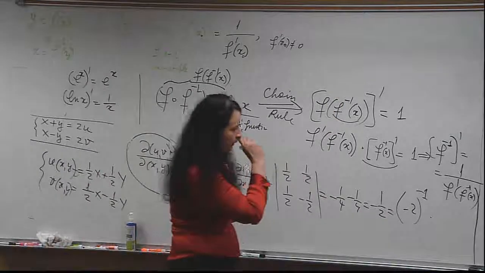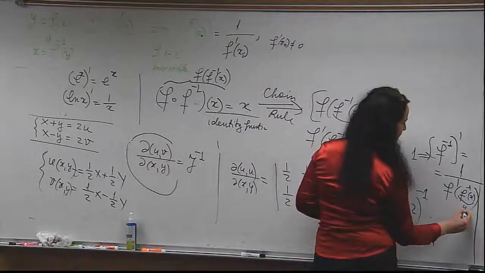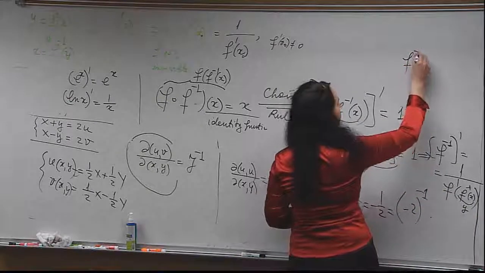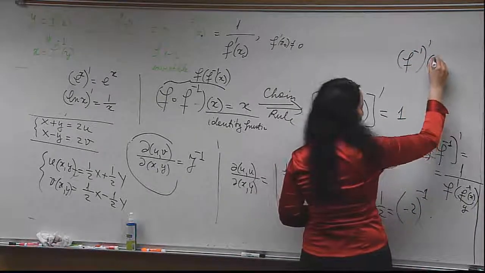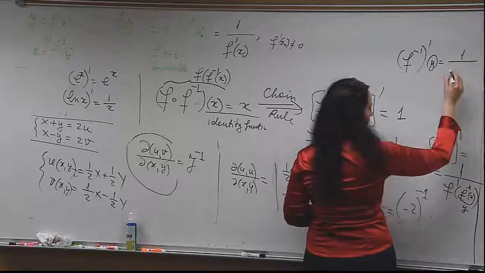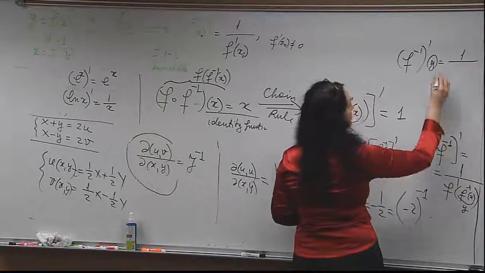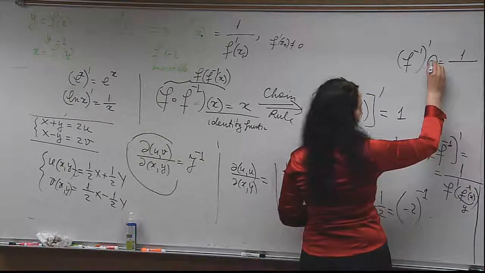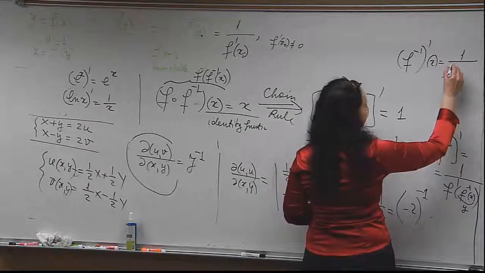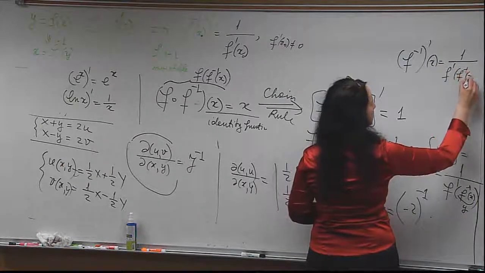So if you think of this being the y, you have f inverse prime at y equals 1 over, well, yeah, if you put it at x, it's f prime of f inverse of x.